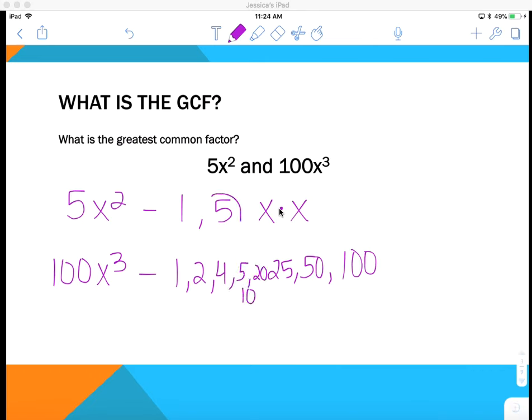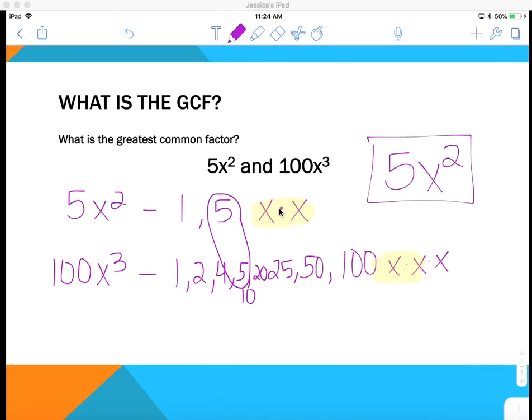The greatest factor that they both share is 5, and then 100x cubed has x times x times x, which means that they share two x's in common. Combining those together, our GCF between these two is 5x squared.